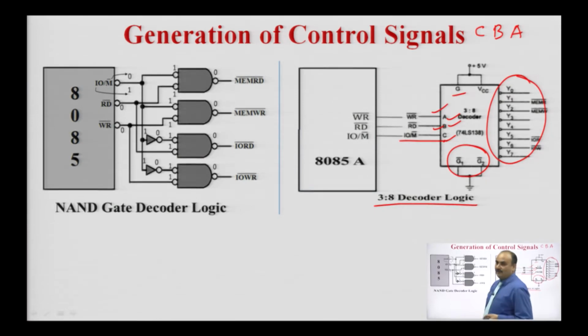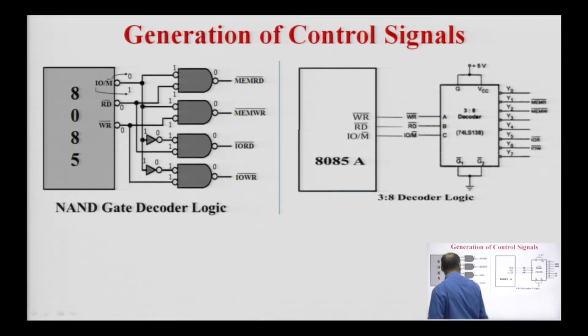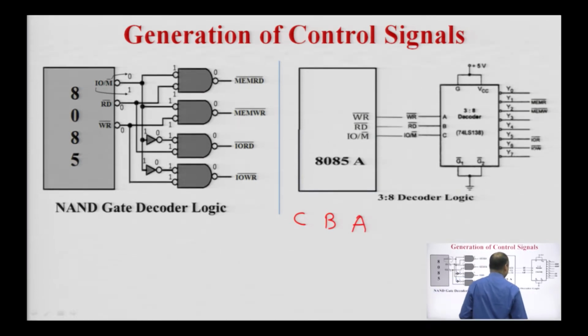For the generation of the memory read control signal, the combination C, B, A, which are the inputs to the 3:8 decoder, is 0, 0, 1 for the memory read operation.